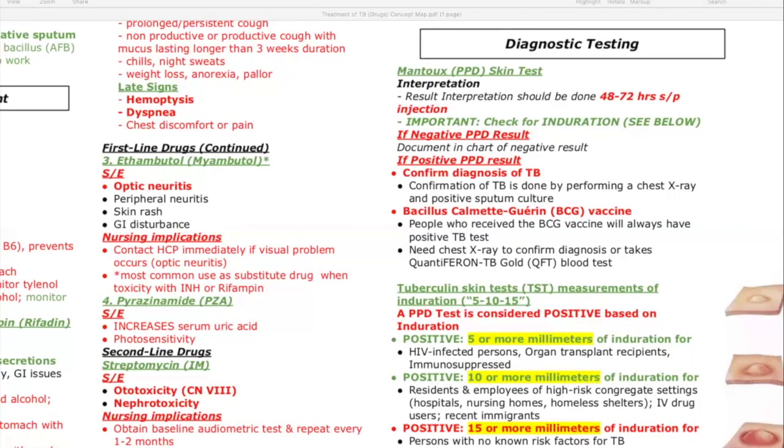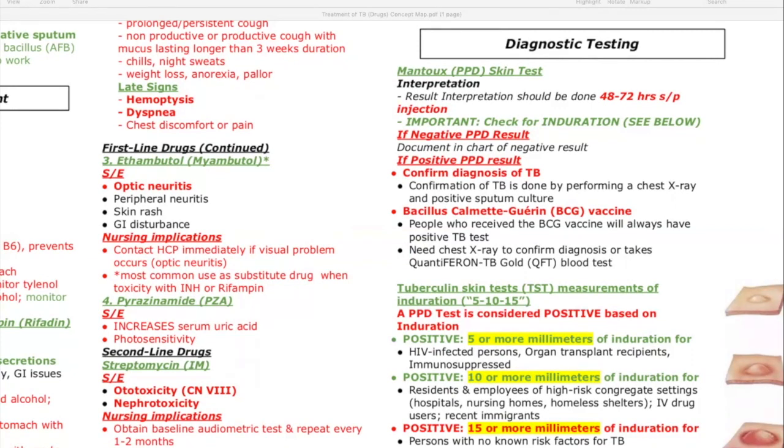The induration is not erythema or redness, right? That's very important. We're not measuring the redness, we're actually going to measure the induration. If the induration meets the criteria, we're going to have a second step. If the PPD is positive, we're going to confirm the diagnosis of tuberculosis with a chest X-ray and a sputum culture.